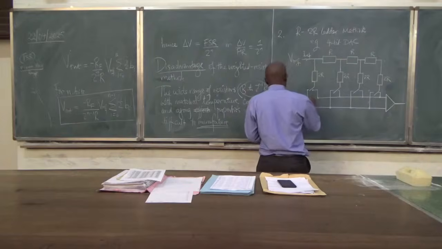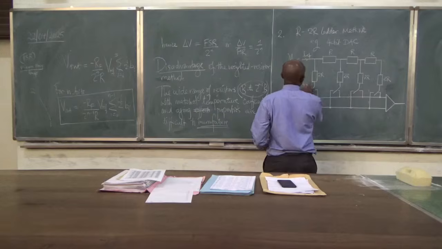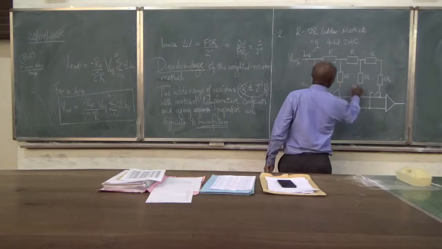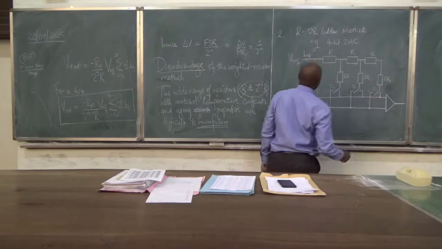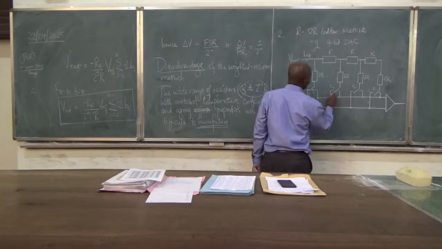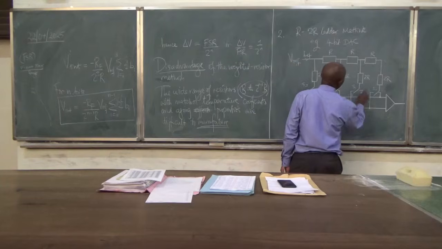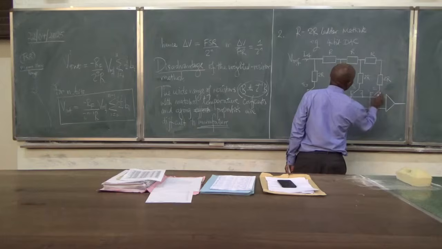So we have S3, S2, S1, S0. This side of the switch is bit 0. This is bit 1, bit 0, bit 1, bit 0, bit 1, bit 0, bit 1.